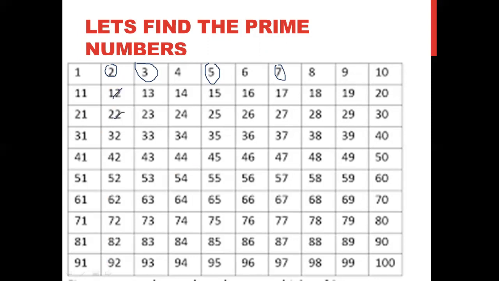Let's cross it, cross it, cross it, cross it, cross it. Now we'll cancel all this line of 2, this line of 2, this line of 2, and even this line.